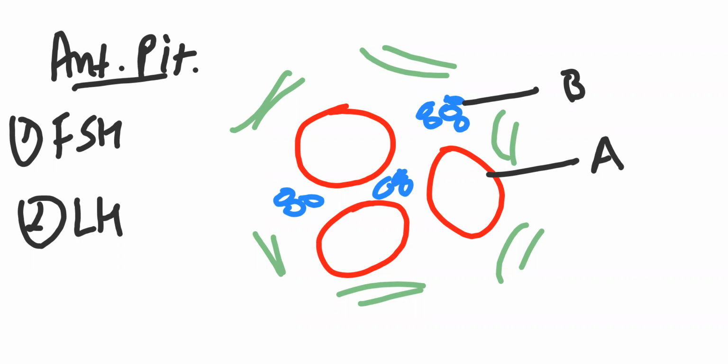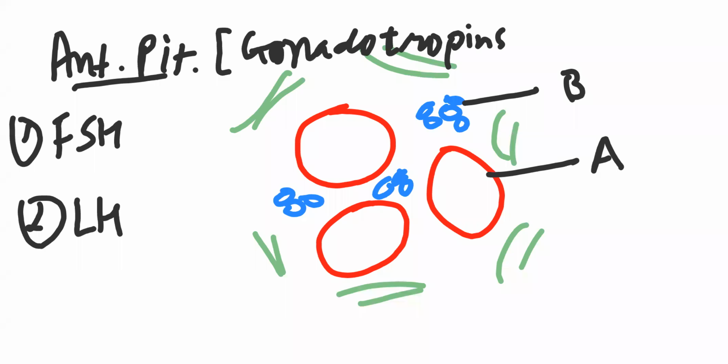Whether it's a male or female, in both cases, the anterior pituitary secretes what are called gonadotropin hormones.